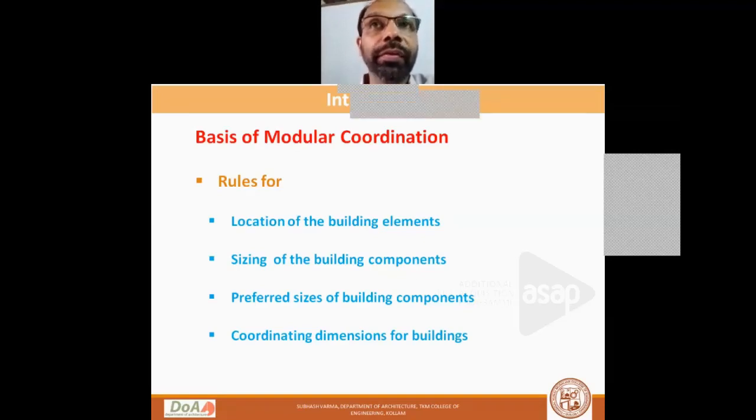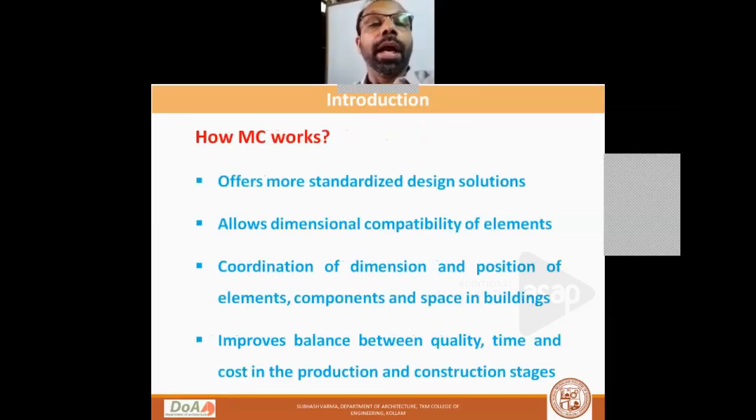Preferred size means that the building component should either fall to the module, or a subdivided module, or a multiple module, and then the coordinating dimension for buildings. And we should now observe how this modular coordination works in construction.